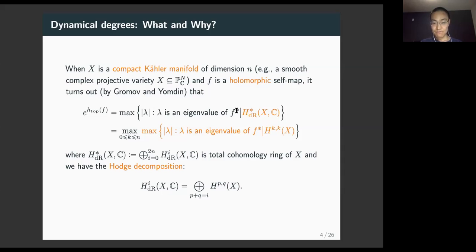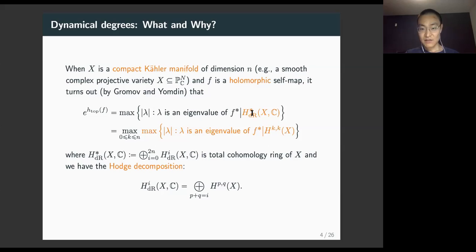Here f star means the pullback, and H star is the total cohomology ring. For this cohomology ring, for example, we can choose de Rham cohomology or Betti cohomology; it doesn't matter.